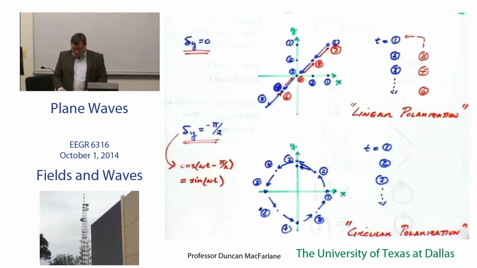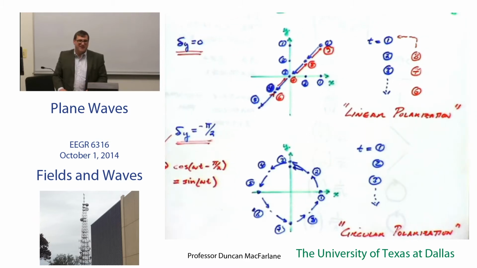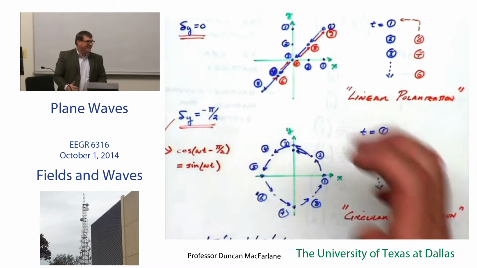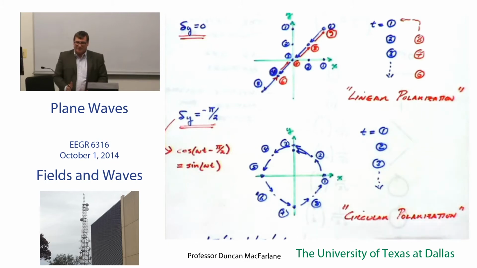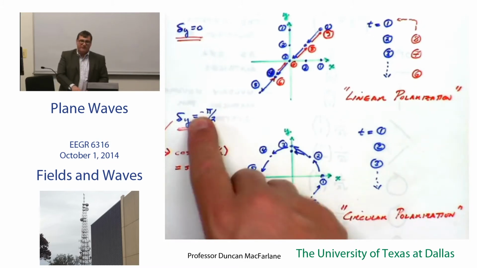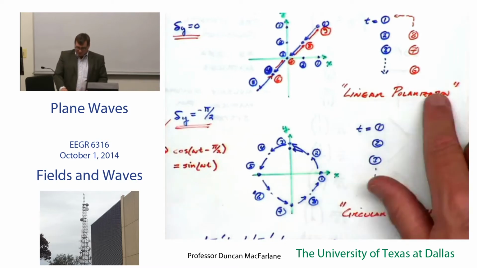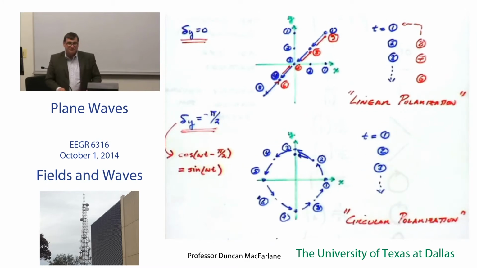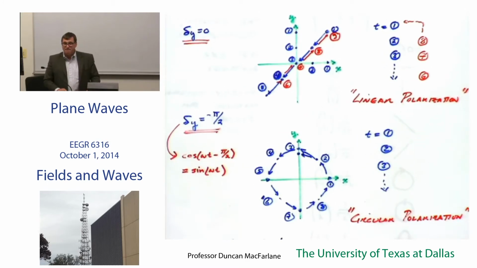So trust me, people change that convention. But there is a helicity to this thing. There's a right hand and a left hand polarization, depending if that's a minus or a plus. So I have a linear polarization, and we call this circle traced out a circular polarization. Okay?